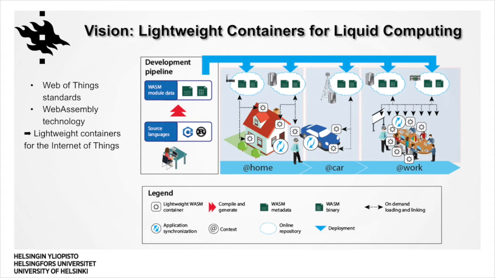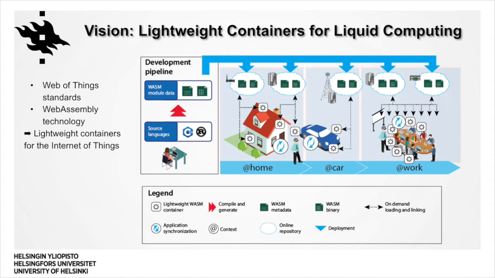In this figure, you can think about how this all should work. There is a developer who implements some modules with source languages like C++ or Rust, for instance. Then, while the source language modules are compiled, a metadata file also gets generated.